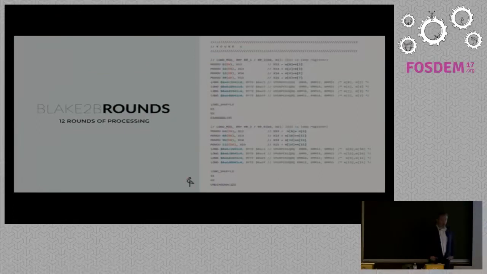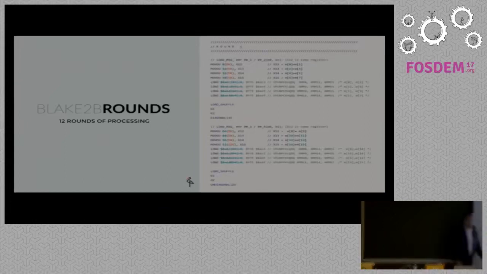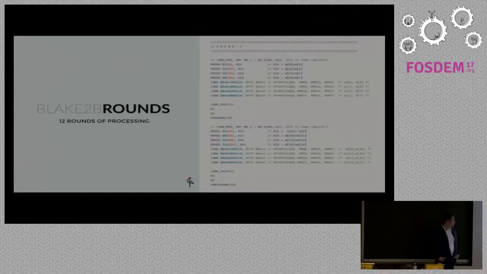If you look at the Blake2B algorithm itself, it has 12 rounds of working on the data. This is the preamble where first the message is read in, then it's shuffled around, and then there are 2 macros that do the actual XORing, adding and rotations of all the bits.